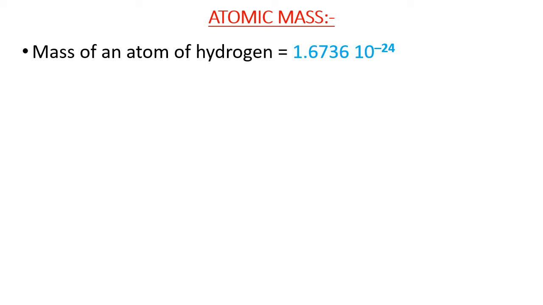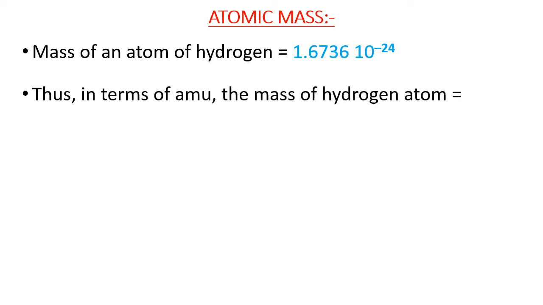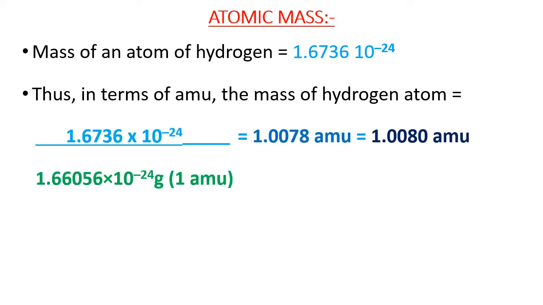Mass of an atom of hydrogen is equal to 1.6736 × 10^-24 gram. Thus, in terms of AMU, the mass of a hydrogen atom is equal to 1.6736 × 10^-24, which is the mass of an atom of hydrogen, divided by the value of 1 AMU, that is 1.66056 × 10^-24 gram, which becomes equal to 1.0078 AMU.